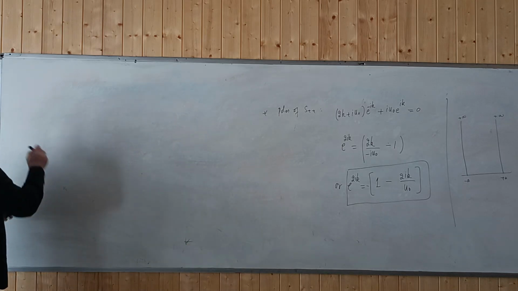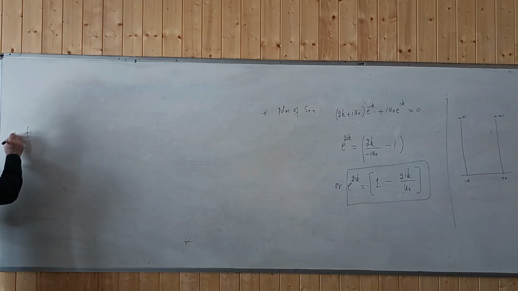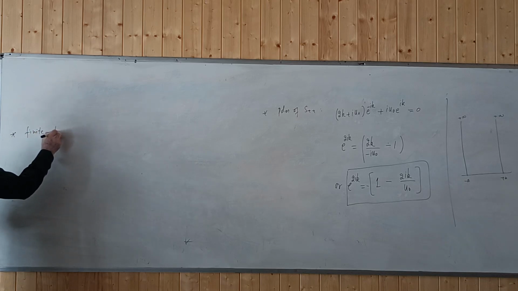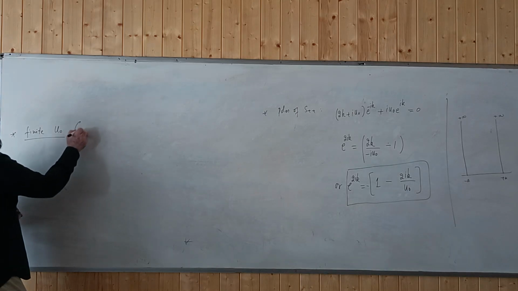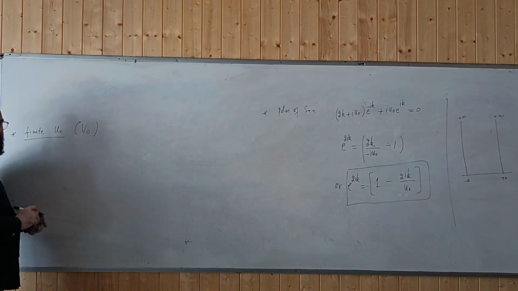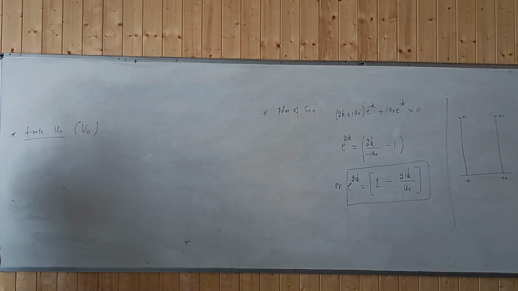Second case, finite u naught. In other words, finite u naught means finite v naught, the strength of the potential.